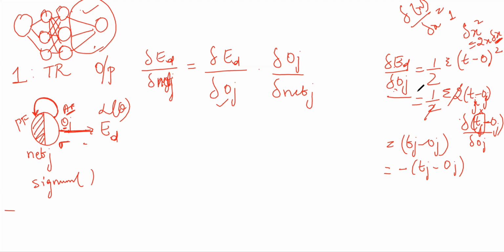So I'll be writing this term as delta of sigma of, on what am I applying this sigma? On what values am I applying this sigmoid function?